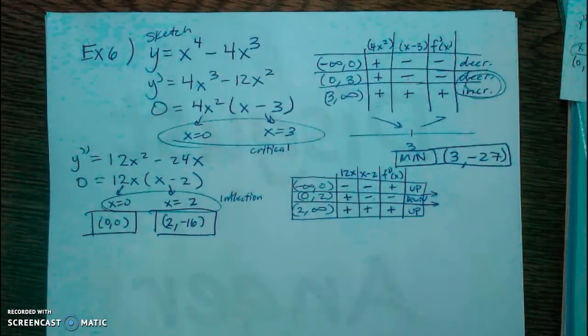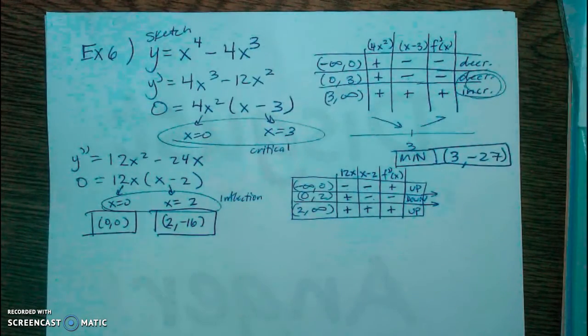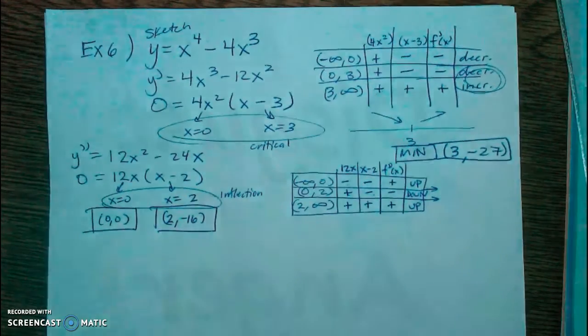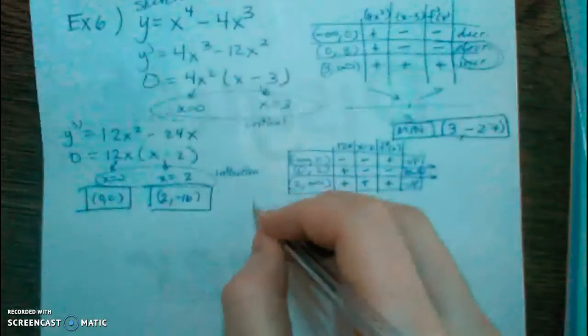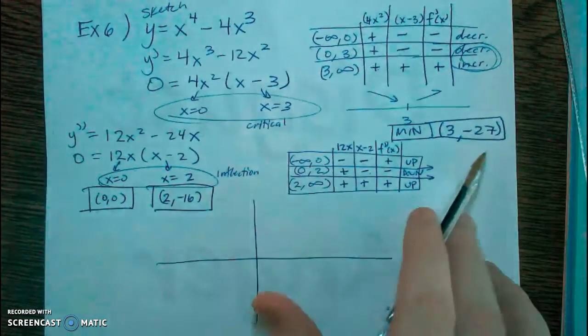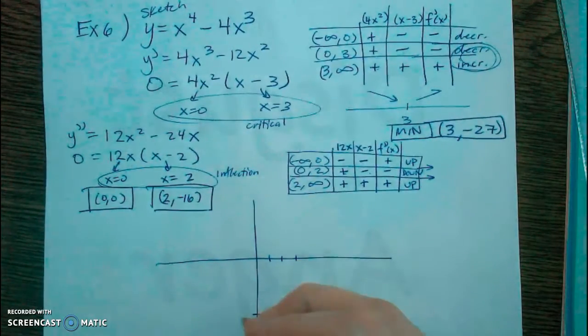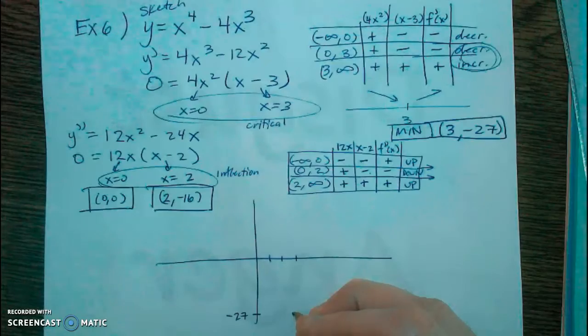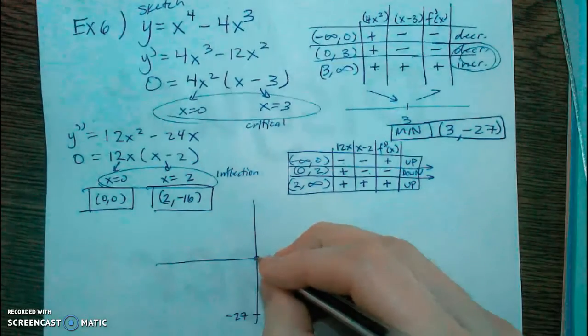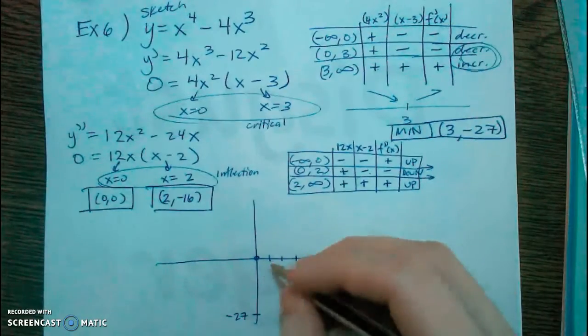And then we take all this information and we apply it to a graph. So let's plot the points that we know. We know 3, negative 27. We know 0, 0. And we know 2, negative 16.